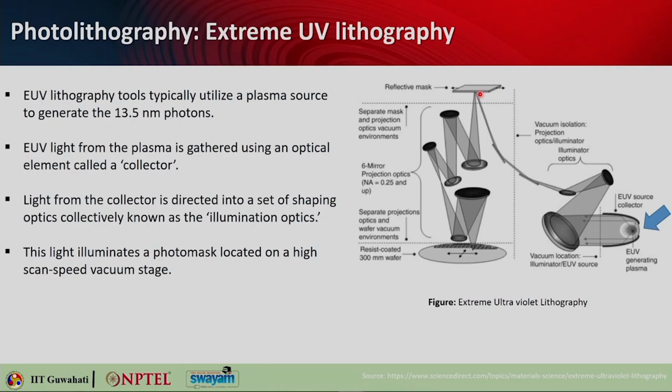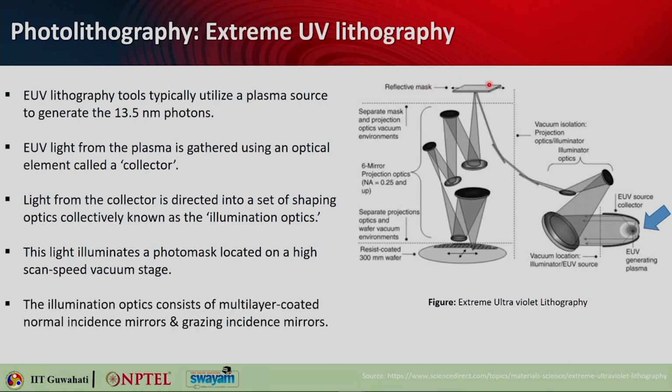As you see here, the photomask is located on a high scan speed vacuum stage. This is the vacuum isolation, so this part is in vacuum. It moves in this high scan speed vacuum stage, and from here it reflects and undergoes multiple reflections, and finally it is put on this resist coated wafer to make the pattern.